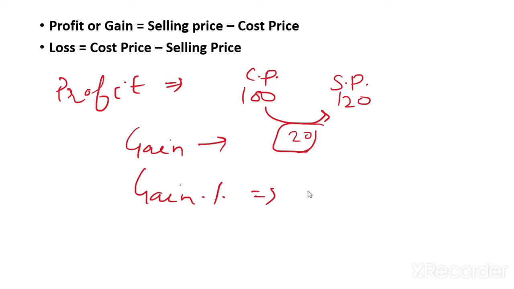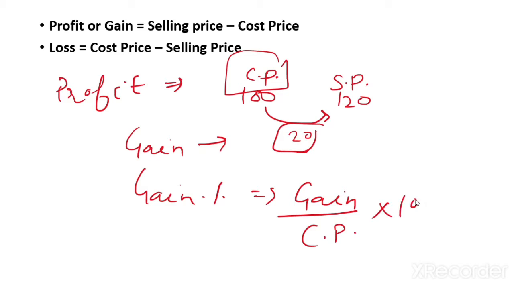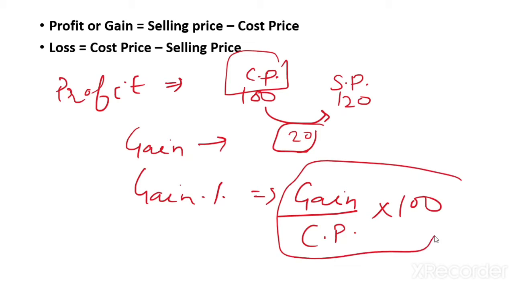Then what will you do? Gain, that is how much you have gained, at what? You will take gain at CP, that is cost price, into 100. That is how you will find the gain percent or profit percent. If we want to find loss percent, what is loss? Suppose you are buying something at rupees 100 and you are selling it at rupees 80.